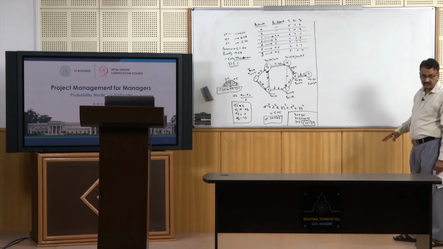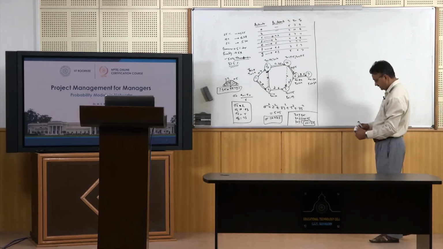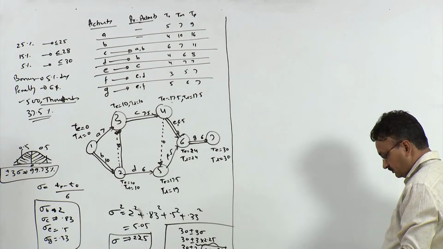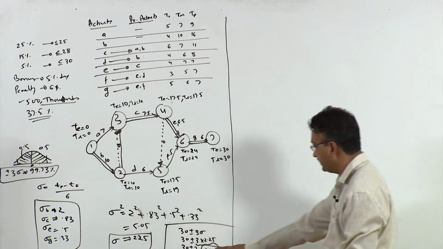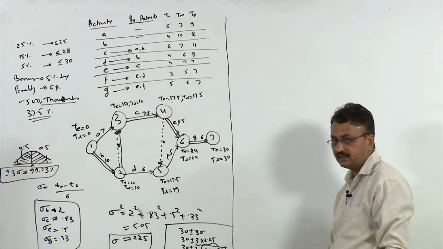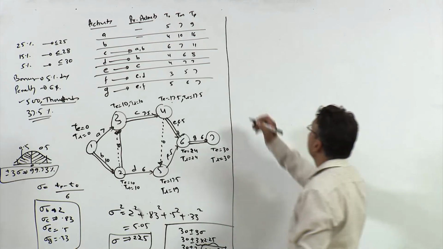Now, we will calculate different penalties and bonuses. As I said, you can complete this project in 23 days at the earliest and in 37 days at the maximum. So, let us look at this.